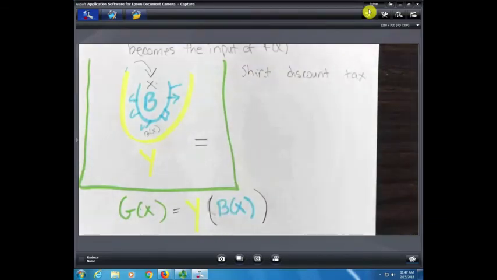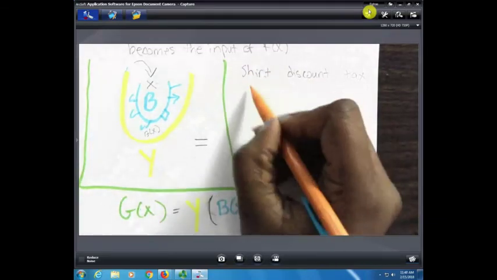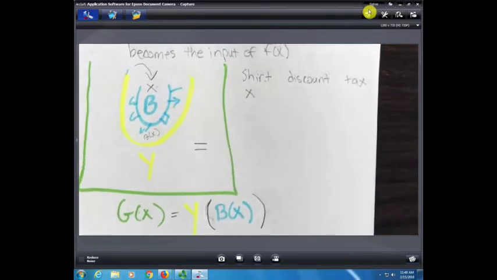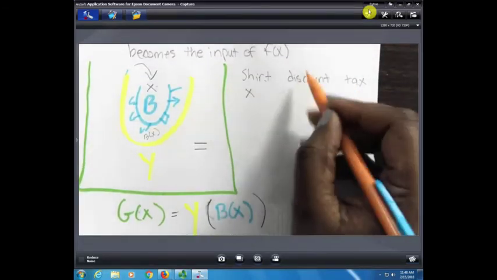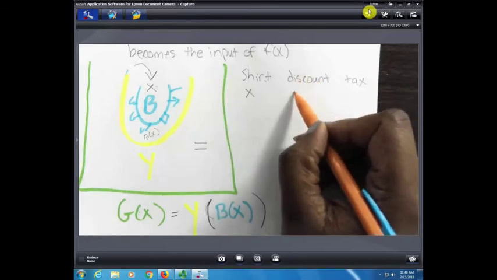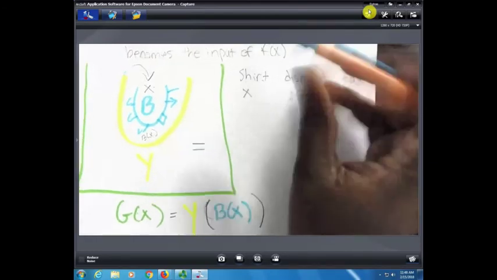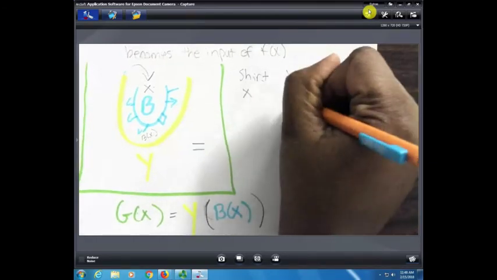Let's say we don't know how much it costs. Let's just call it X. But we do know that it is discounted 15%. And let's make that a decimal: 15%, 0.15.